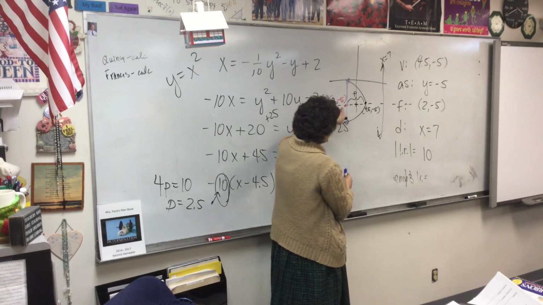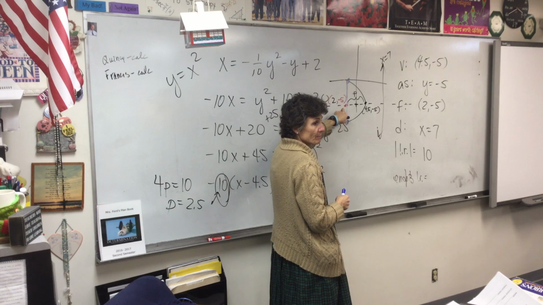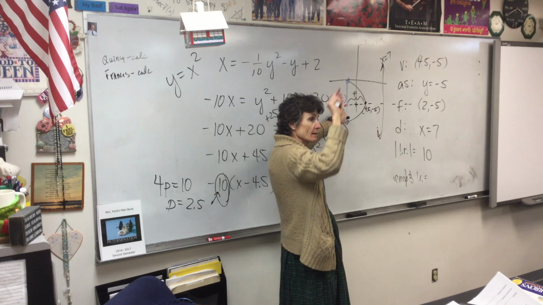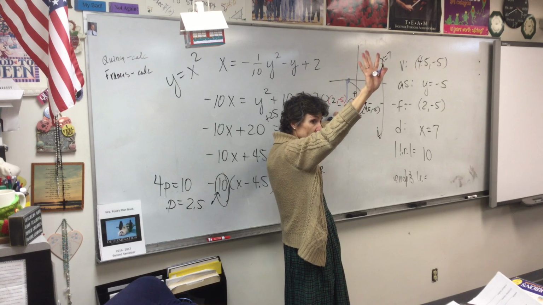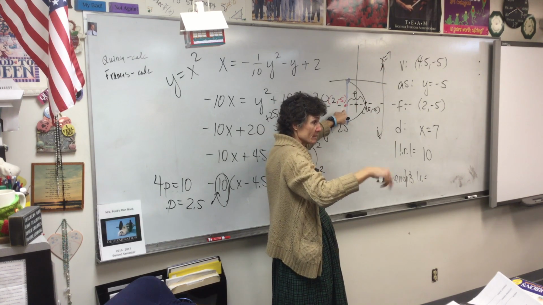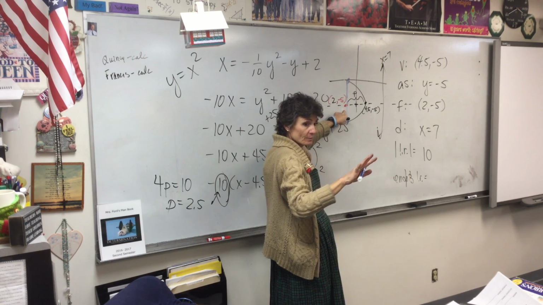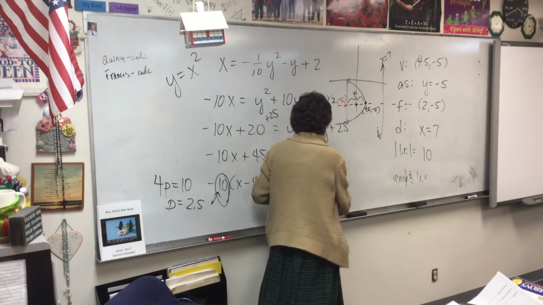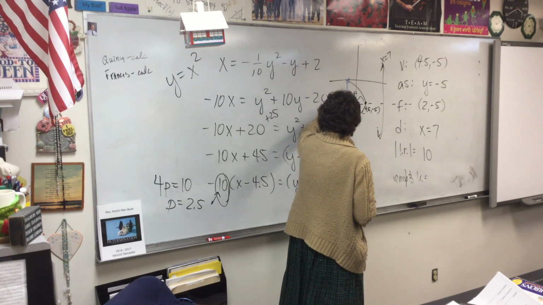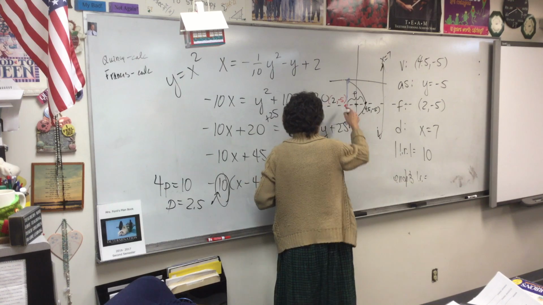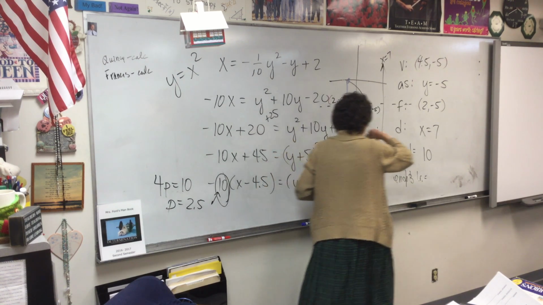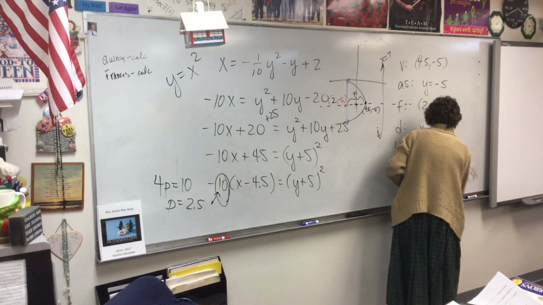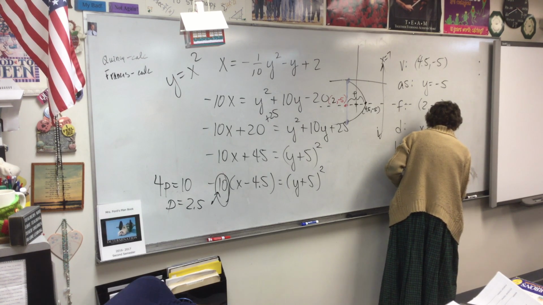So we're going to start at this point right here, this red point, and we're going to do what? Count up 5 and down 5, because the whole thing's 10, right? So if I start here and go up 5 and down 5, where am I going to be? 2, 0. That would be 2, 0, and this would be 2, -10. Oops.